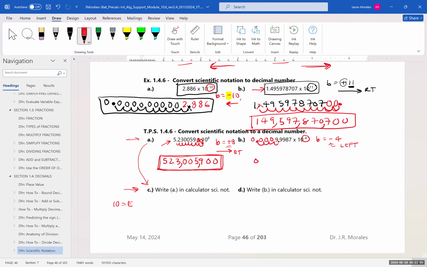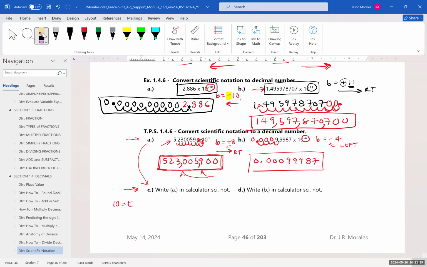So this is going to be 0.000999987. Now, over here, we put commas at every third digit. You do that for the whole part of a decimal, but for the fractional part of a decimal number, you don't do that. So we'll just leave it like that.